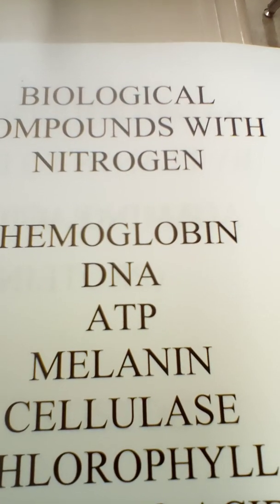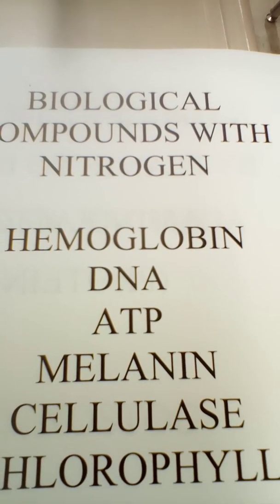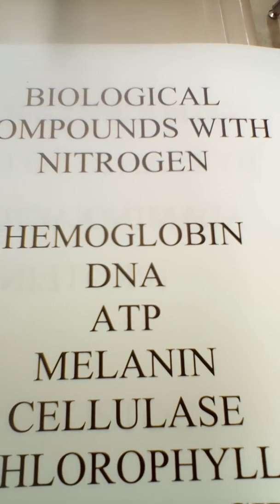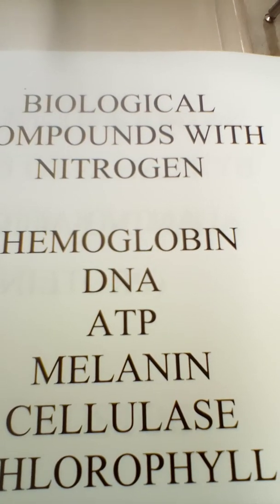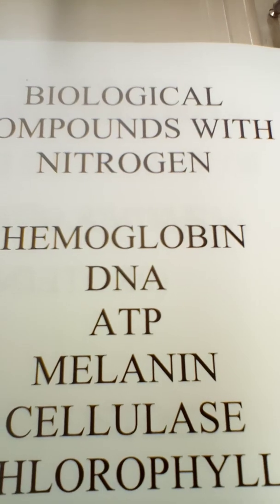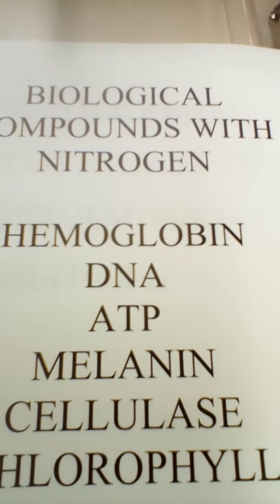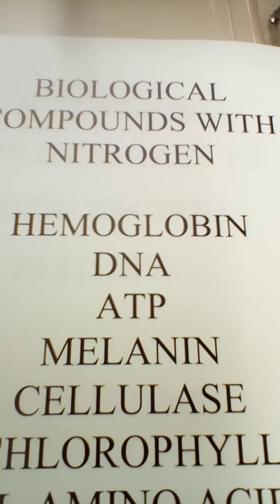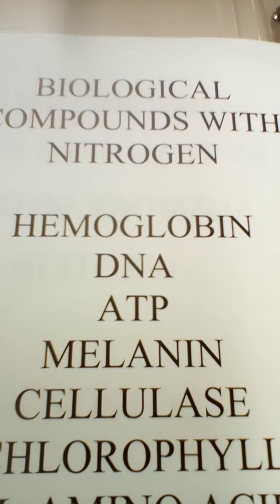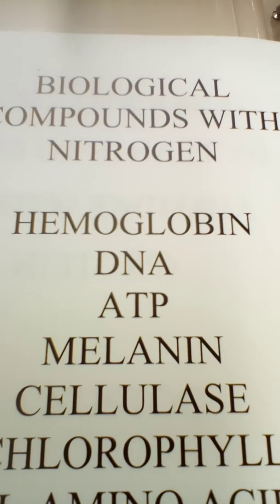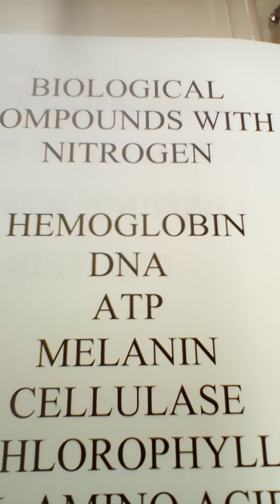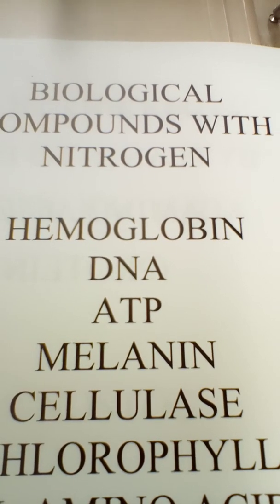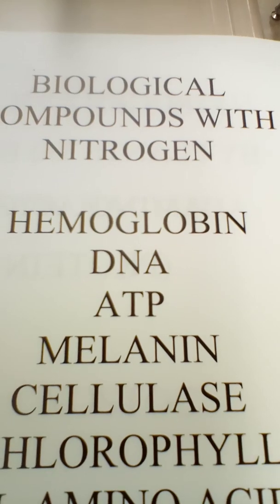Melanin is a protein you find in your skin. It's a pigment in your skin. Another nitrogen-containing compound. Cellulase is an enzyme. Anything that ends in A-S-E is a protein enzyme. Cellulase breaks down cellulose.